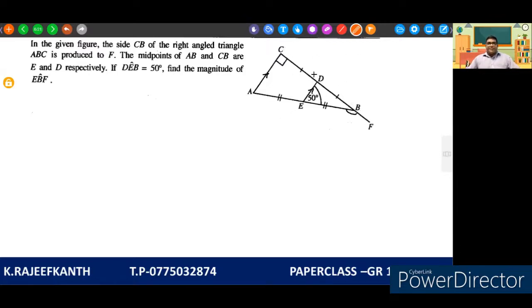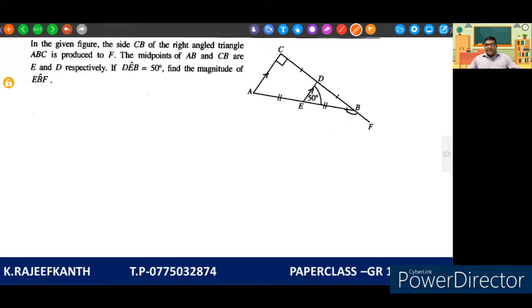Here D is the midpoint of CB, E is the midpoint of AB. So if we join these 2 midpoints, that line will be parallel to the third side of the triangle. So AC is parallel to ED. By using the midpoint theorem, we got the idea that AC is parallel to ED.